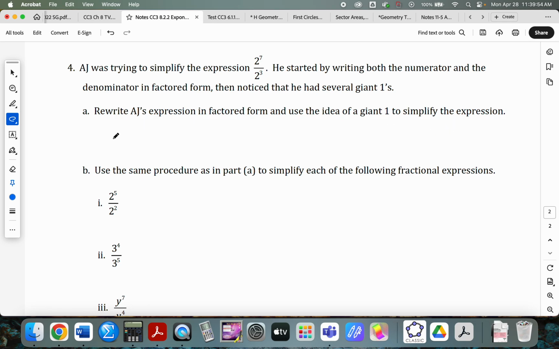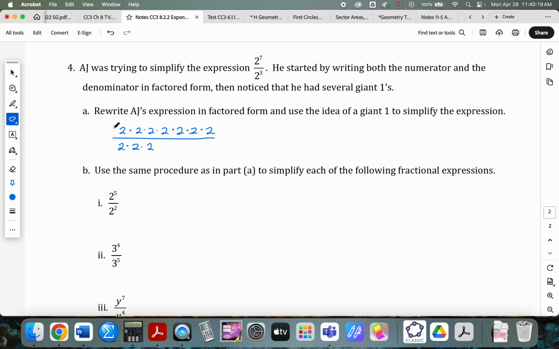So if we've got 2 to the 7th, how many 2's are multiplied together? 7 of them. 1, 2, 3, 4, 5, 6, 7. And in the denominator, we've only got 3 multiplied together. 1, 2, 3.